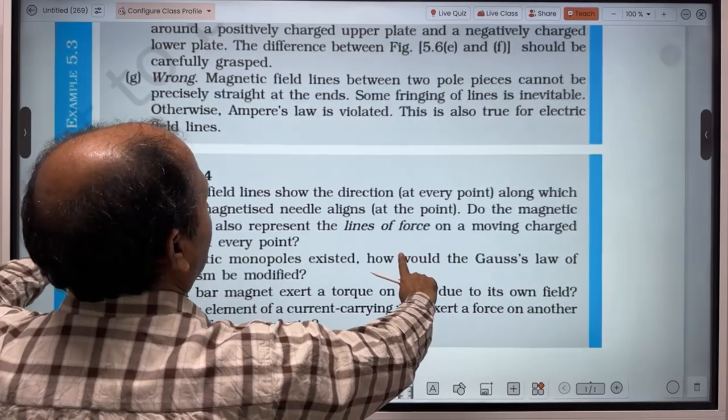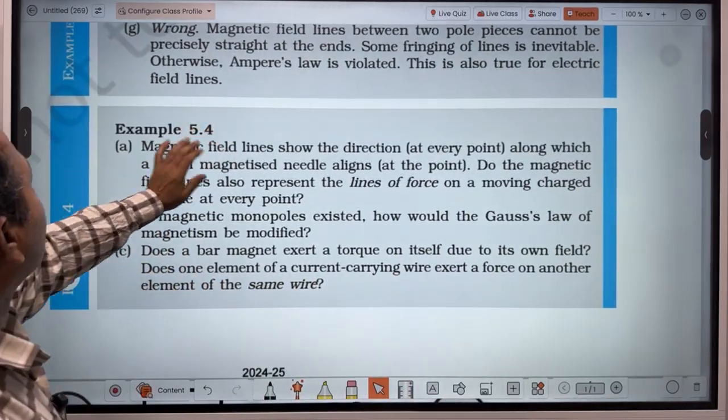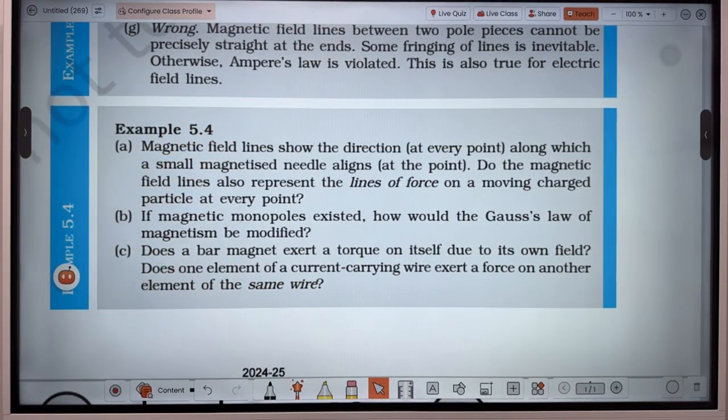Now let's go to the next questions. Here question number 5.4 says magnetic field lines show the direction at every point along which a small magnetized needle aligns at that point. Do the magnetic field lines also represent the lines of force on a moving charged particle at every point?